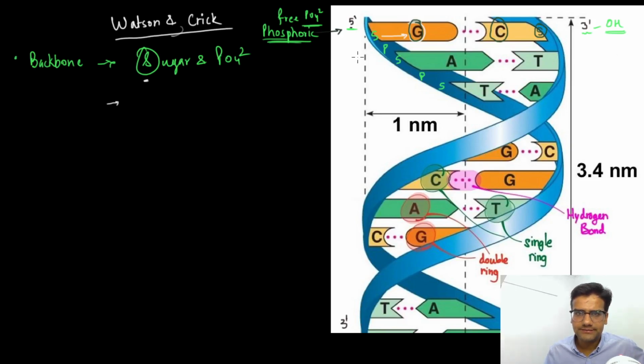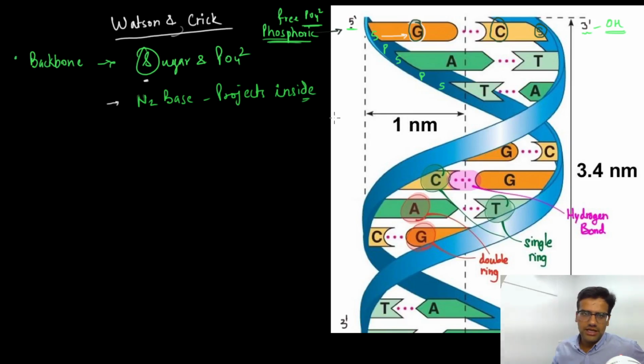So these nitrogenous bases project towards the inside. The backbone is made up of sugar and phosphate, the nitrogenous bases project inside, and these two strands are anti-parallel to each other.